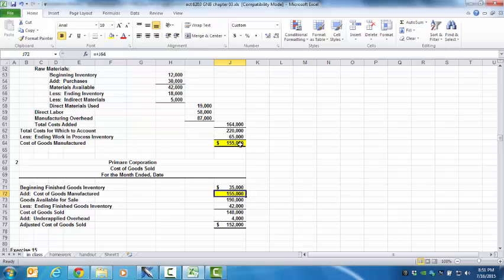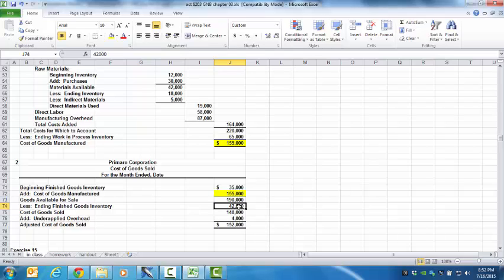And that also gets me to a point that if you make a mistake in determining the cost of goods manufactured, it will cause your cost of goods sold to be in error as well. So I will add that to what I had to begin with. Gives me available.